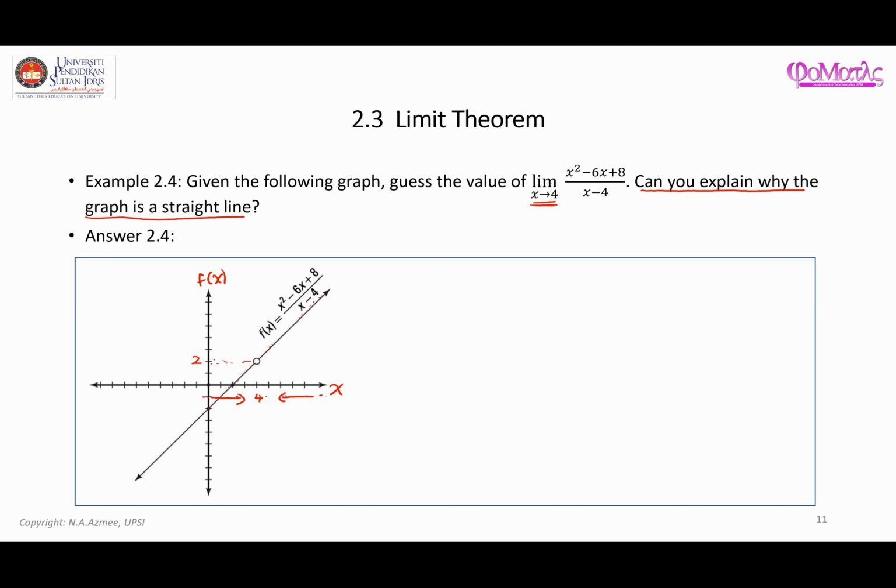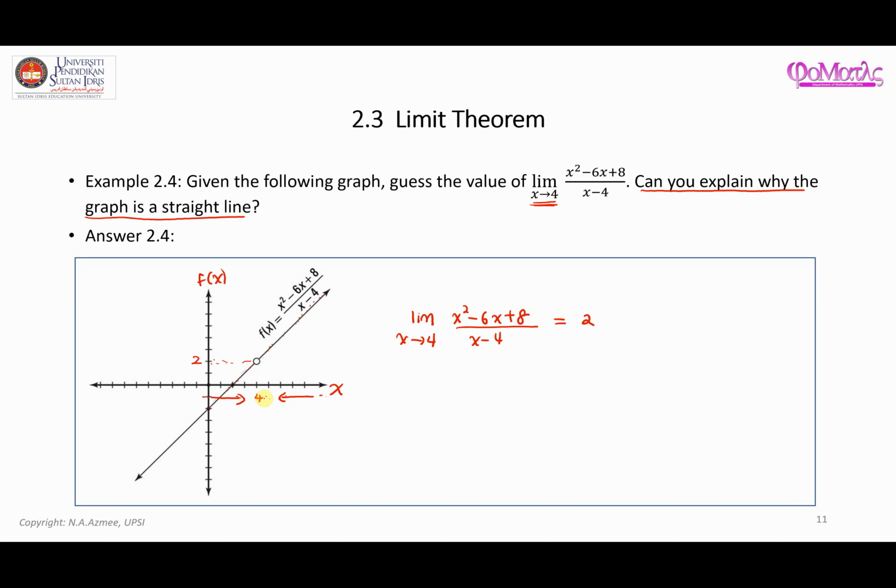So therefore, we can write our answer as the limit of the function (x squared minus 6x plus 8) over (x minus 4), when x approaches 4, is equal to 2.